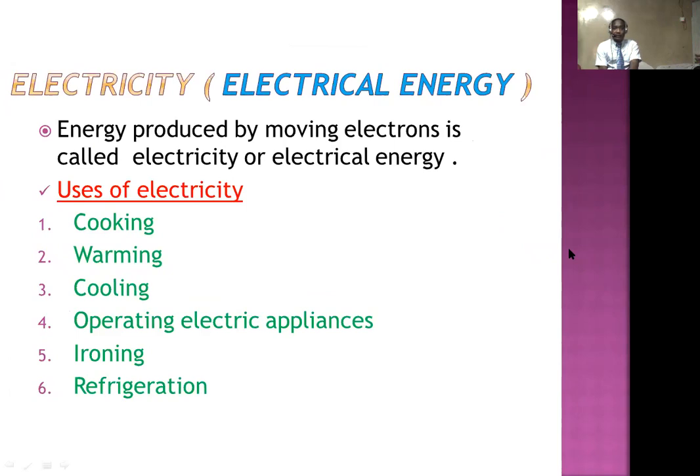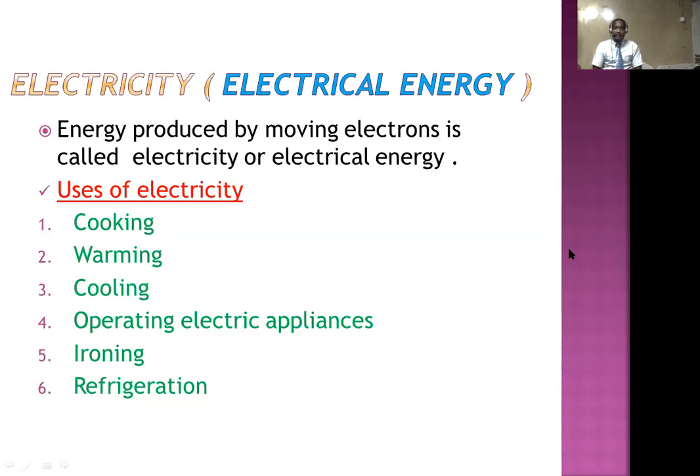Uses of electricity are as follows. But before that, some sources of electricity are bicycle dynamo, generators, dry cells, and solar cells or solar panels.